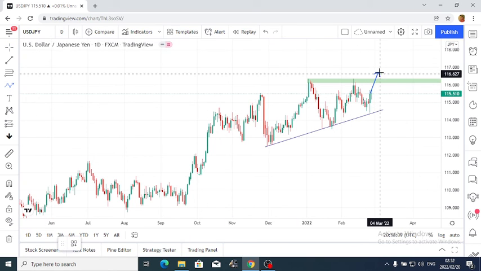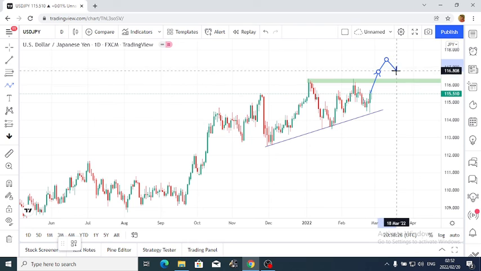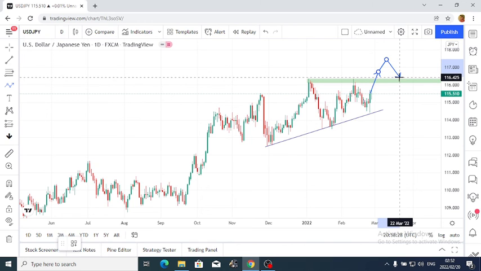Okay, so if this market goes higher, as a trader, it will be up to you. Do you enter immediately after it goes above this resistance zone? If you enter immediately, then fine for you, but if you don't, you wait for it to go a little bit higher, and by the time it retests this level, that's when you say, okay, this level has broken above resistance and it has come back to resistance in order to make it support.